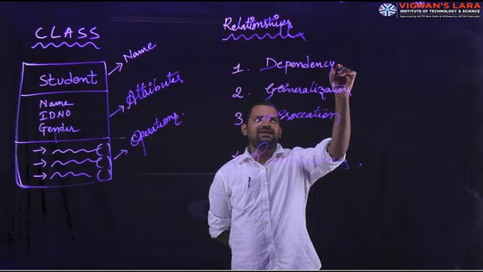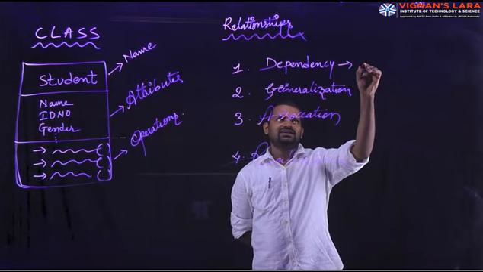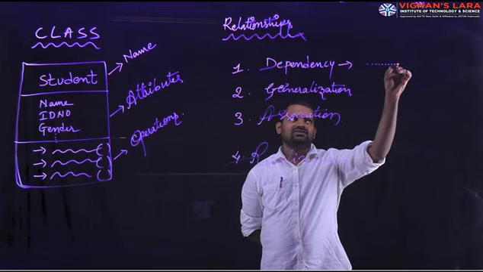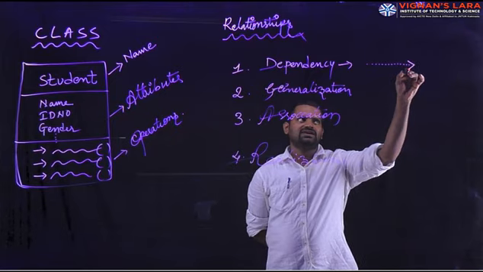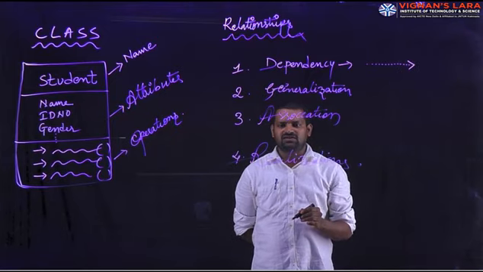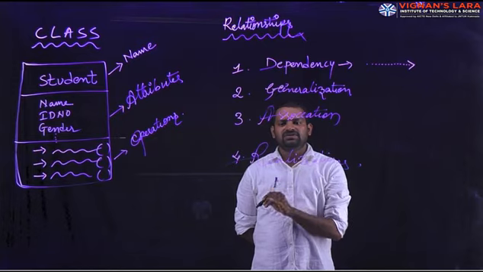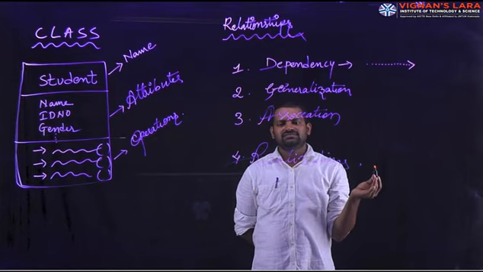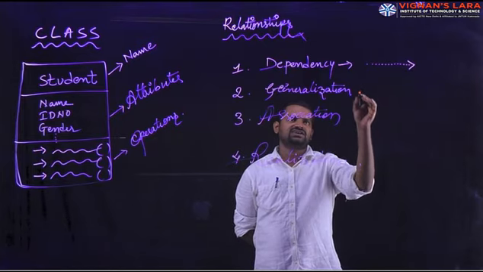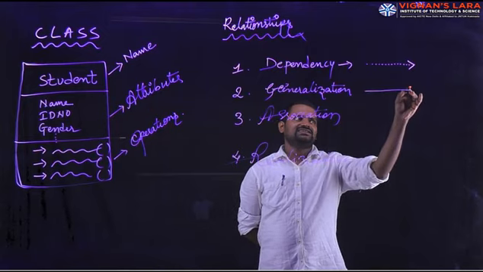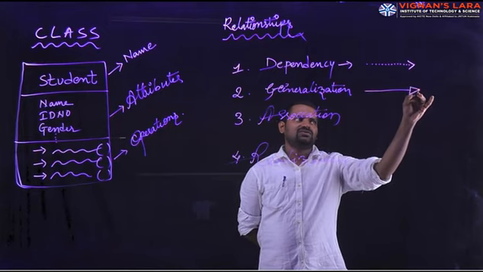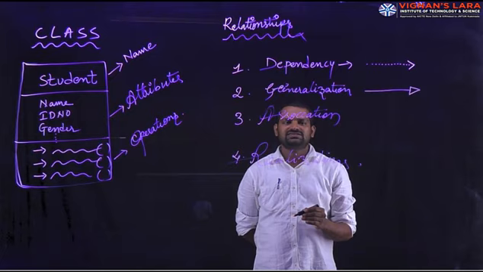So the dependency relationship has the symbol of a dotted arrow. In a dependency relationship, the base object will be dependent on the other object. Generalization uses a hollow arrow.